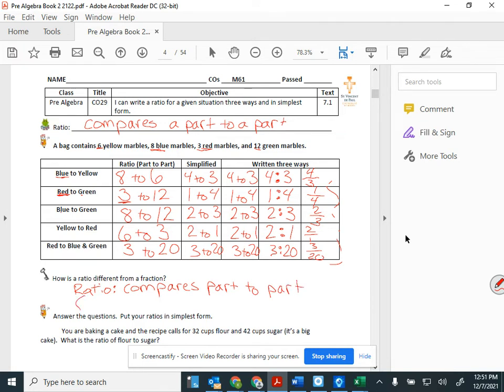And the fraction compares part to whole. So let's say, well, it says answer the questions, put your ratios in the simplest form.